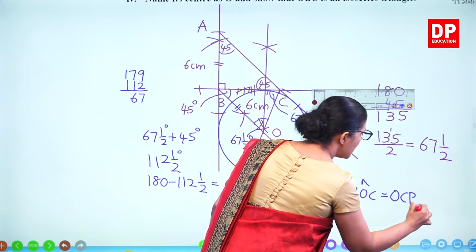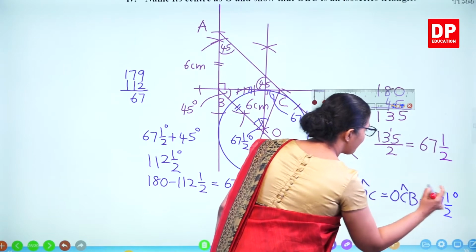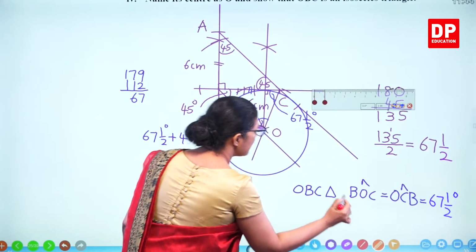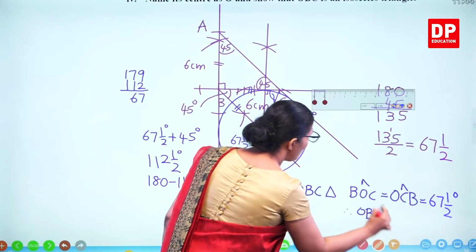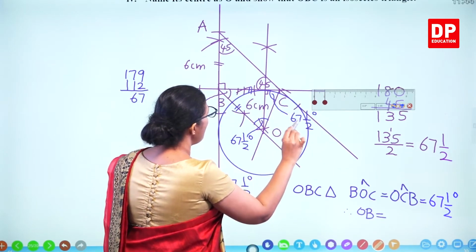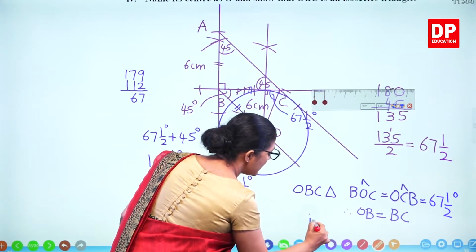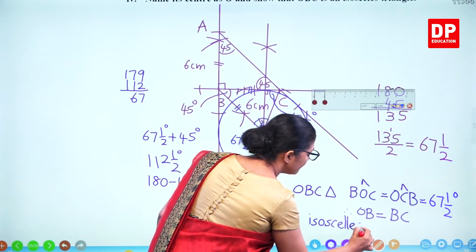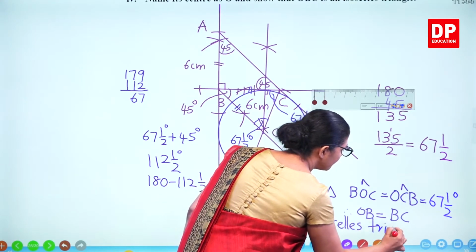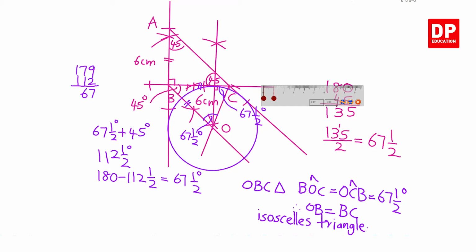We found both are 67 and a half degrees. So that means BO or OB is equal to BC. So isosceles triangle. So that's how you can show that it's an isosceles triangle.